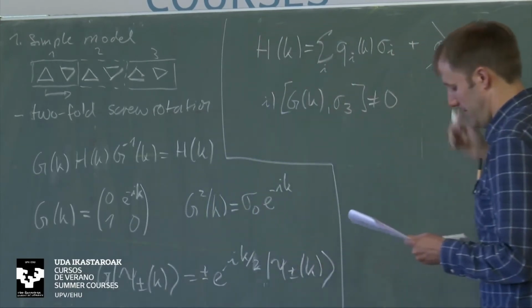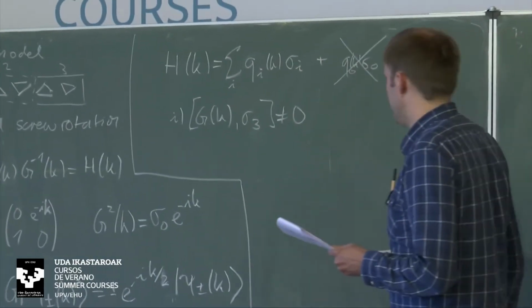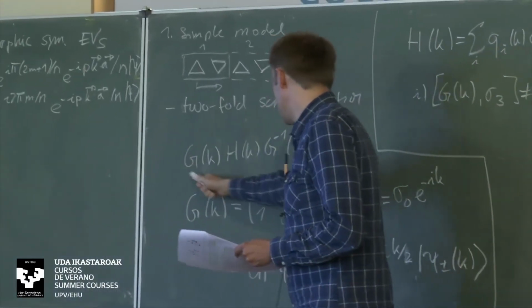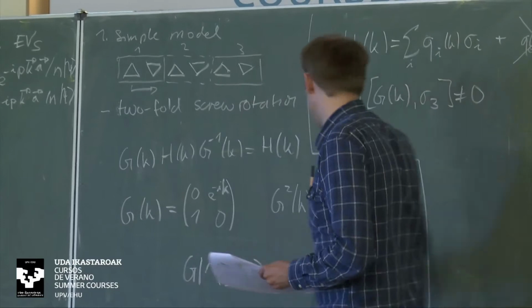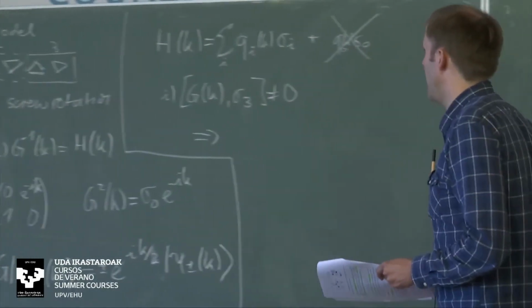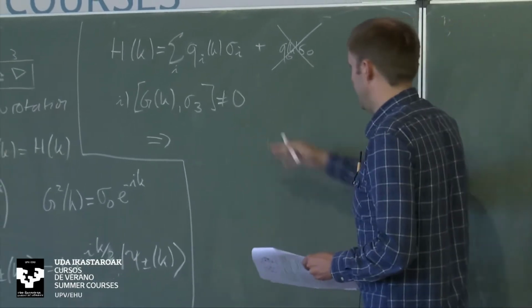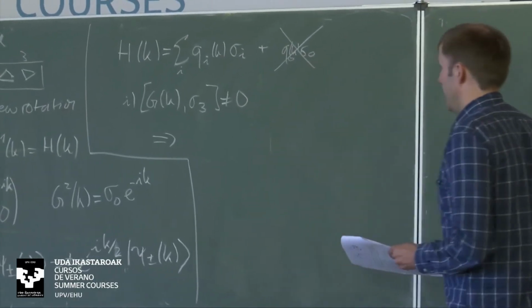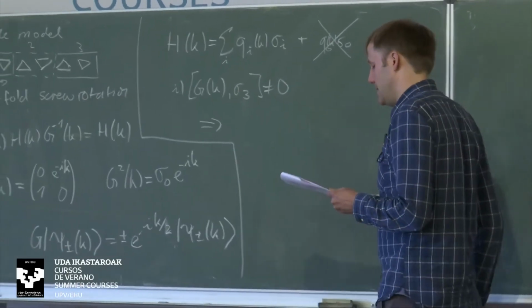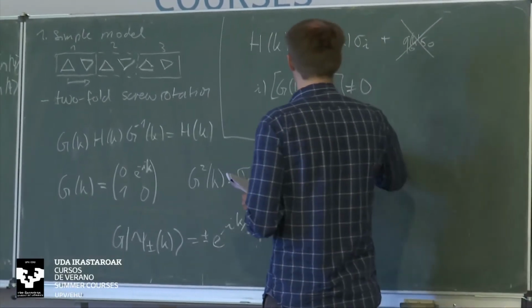So this you can verify explicitly, and therefore this sigma 3 term here is symmetry forbidden because of this condition here. So that means our two-band Hamiltonian basically can be written as just two terms, namely a term which goes like sigma 1 and a term which goes like sigma 2.